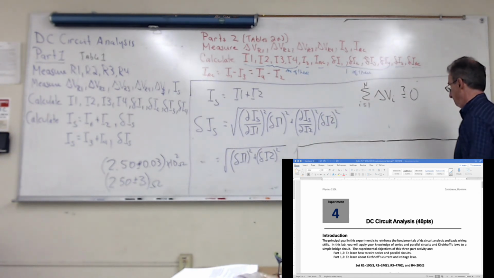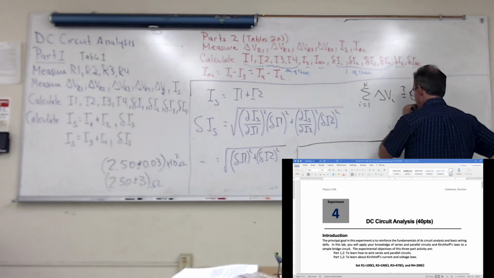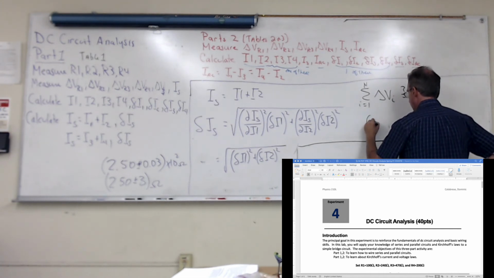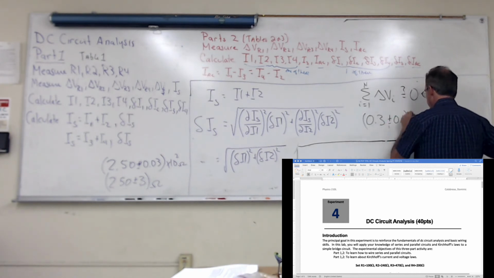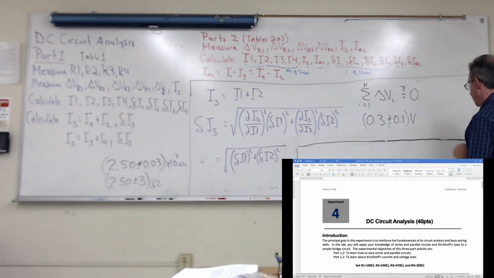Okay, so you might get, excuse me, this sum will give you maybe 0.3 plus or minus 0.1.